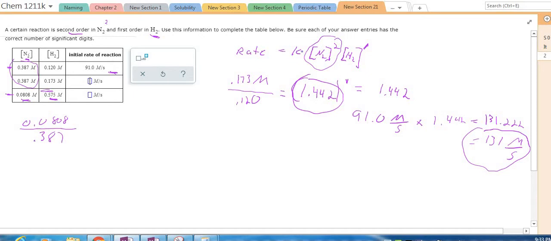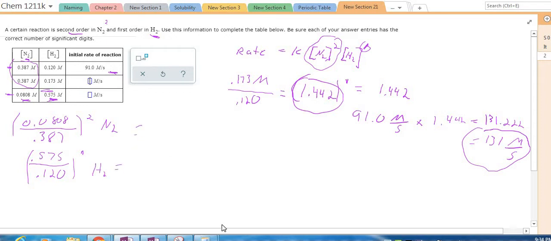And because that is second order, we are going to square that. That takes care of the nitrogen, but we're also changing the hydrogen, so I'm going to take the change here, 0.575, and divide that by 0.120. That is going to be raised to the first power, and that's for H2. And so those are going to be multiplied.